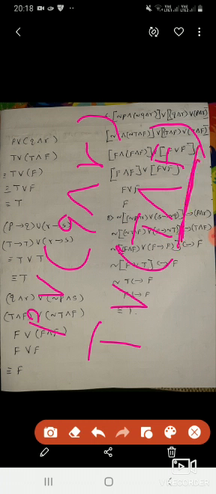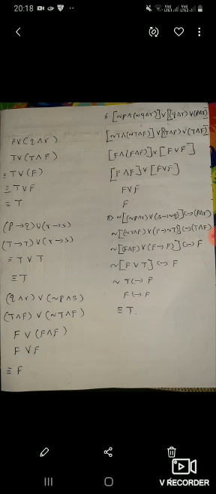True and false means you have to see the and table. In the and table, true and false is, listen, the second one, false.